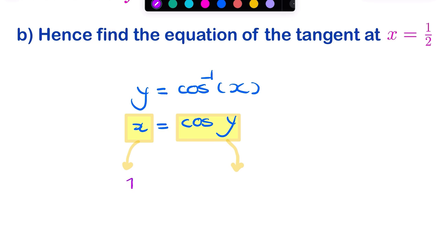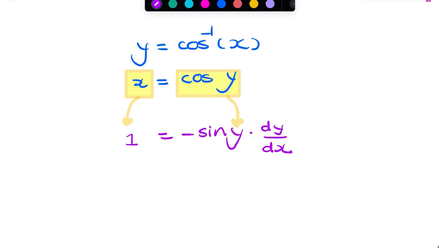The derivative of x is simply 1. The derivative of y is minus sine y, but then I need to multiply by dy by dx. So to find dy by dx, I just divide 1 by negative sine y. So dy by dx equals minus 1 over sine y.